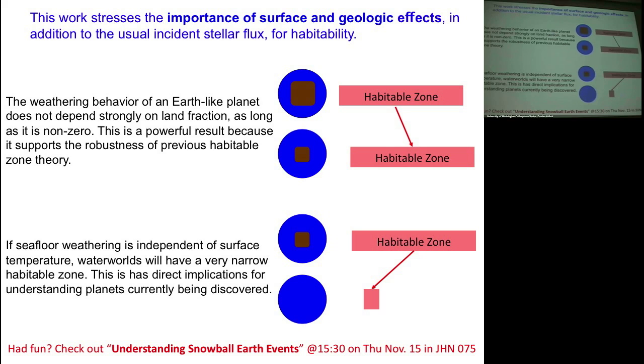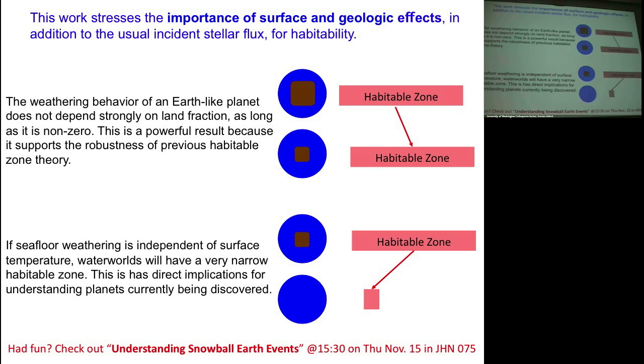The first is that for a planet that has some sort of land fraction, something between a few percent and 90% or something like that, we should have a robust, wide habitable zone if previous habitable zone theory is correct, of course. If the silicate weathering idea is correct, we should have a robust, wide habitable zone that could shift around a little based on the land fraction, and if you're doing more than a zero-dimensional model, based on how these continents break up, but it shouldn't show a strong dependence.